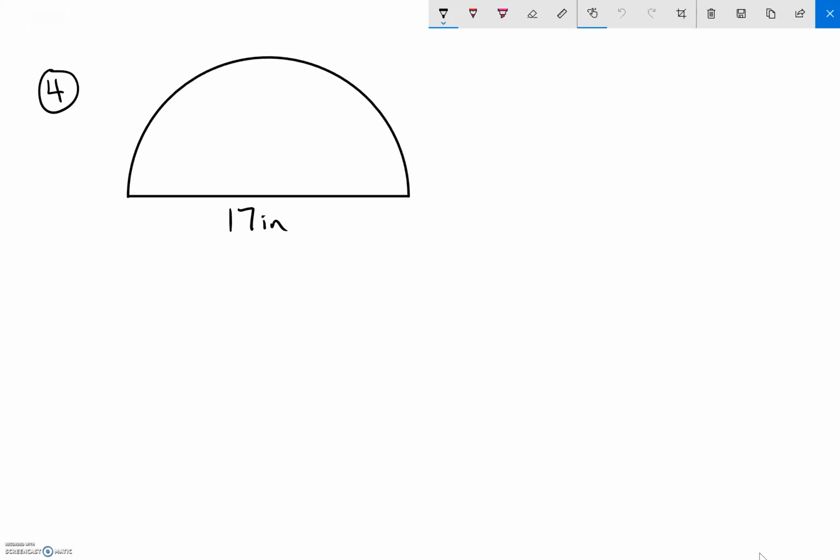Okay, number 4 says find the perimeter of the semicircle and let 3.14 equal pi. So we're going to use that formula that we just talked about. That perimeter of a semicircle is going to be half of the circumference plus the diameter.